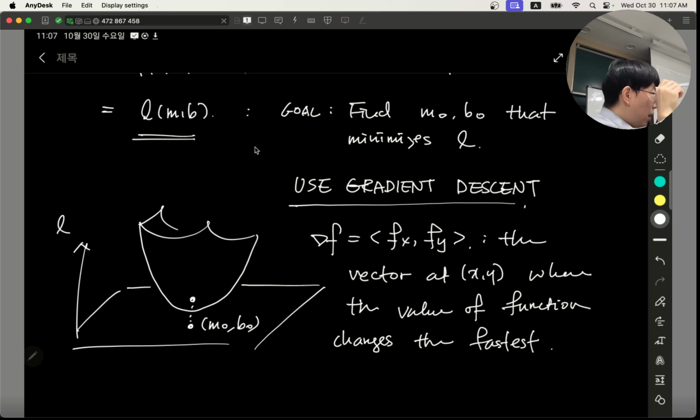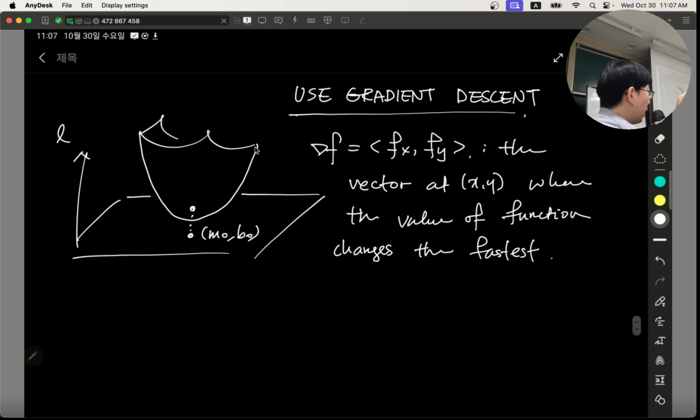So you have to move in the direction of the gradient in order to change the value of the function the fastest. That matches the perpendicular direction of your contour line. But anyway, we'll need to discuss this next time, and I'll just assume that this is a fact.